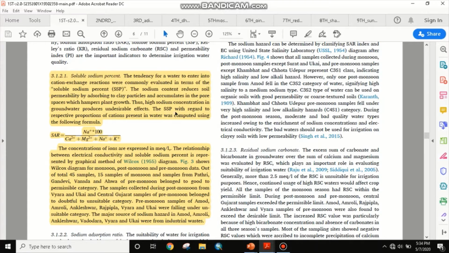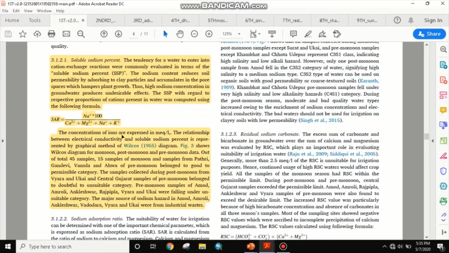The SSP, soluble sodium percent with regard to the respective proportion of cations present in water, was computed using this formula, which is given over here.